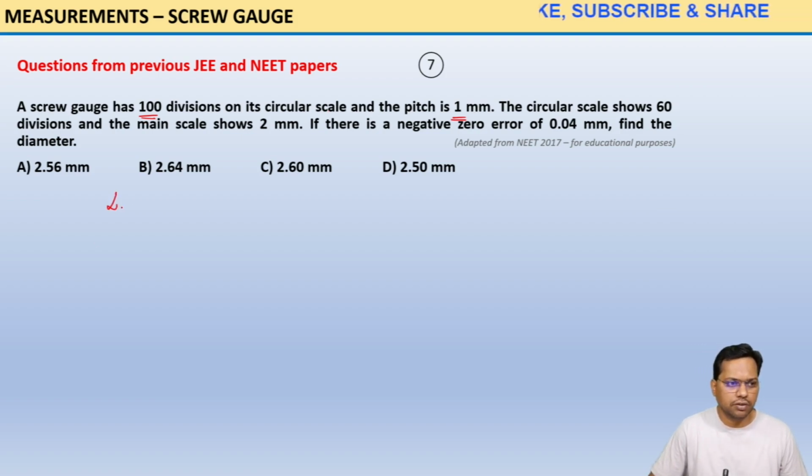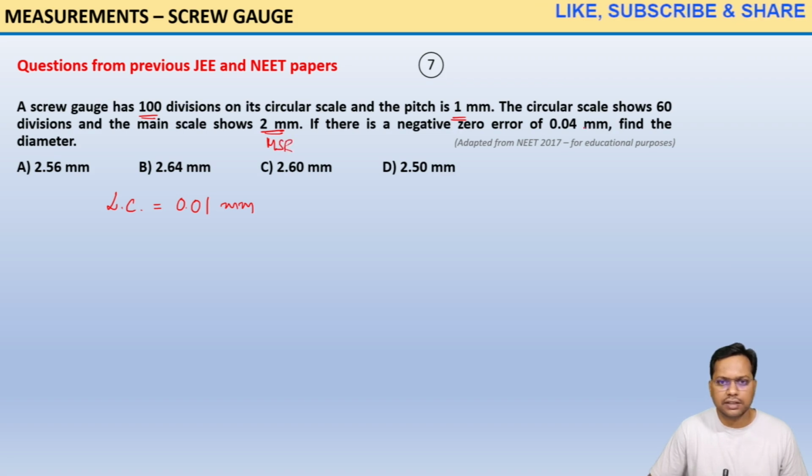Therefore the least count is 0.01 millimeter. While measuring the diameter of a wire, 2 mm is the MSR, the main scale reading, and 60 is the head scale coinciding division, HCD.